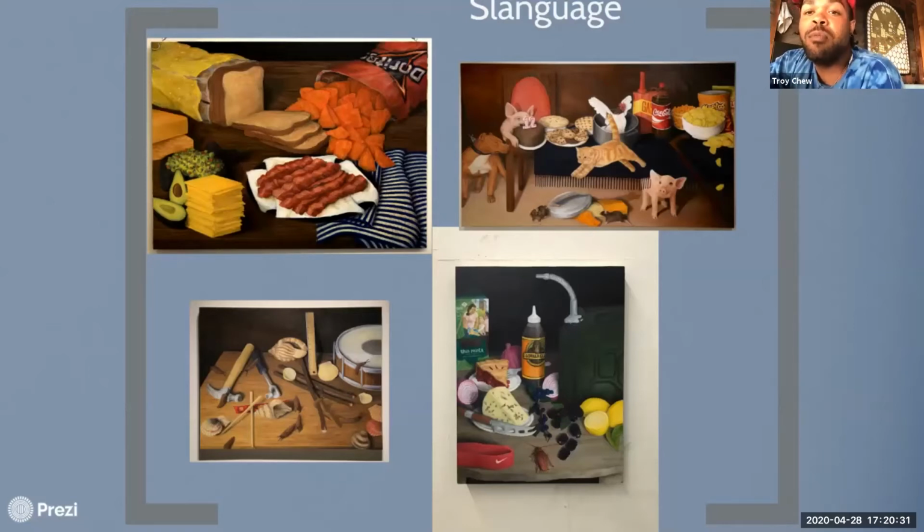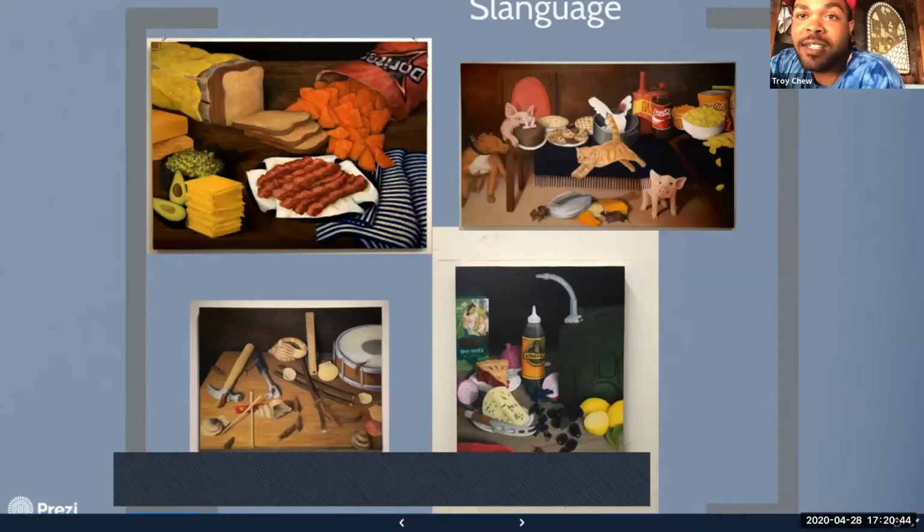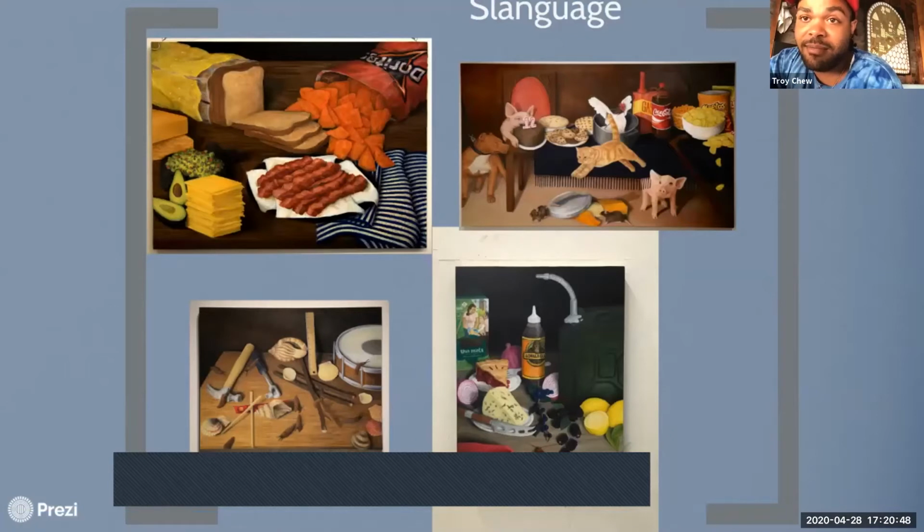It has double meanings. For instance, I'll break down the one on the left, the top left. That painting is all about money. Bread is a representation of money. Chips is another figurative representation of money within hip hop culture.